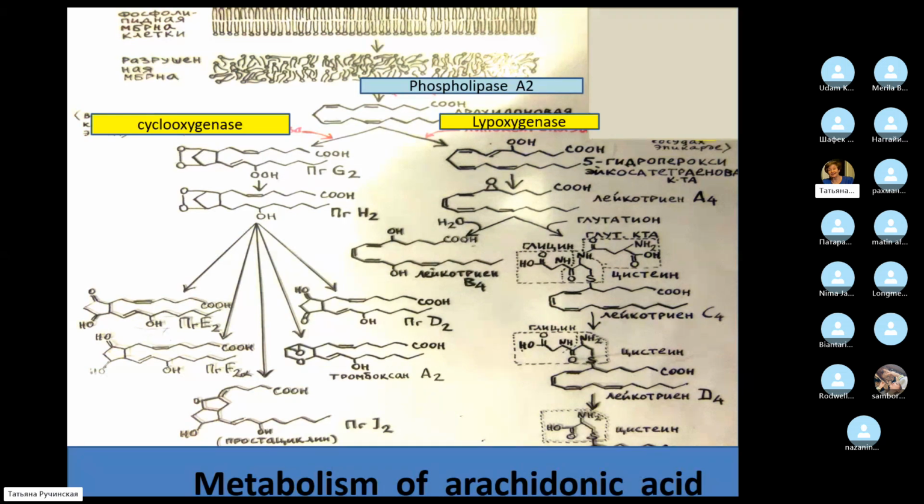This is the picture which shows you the formation of all metabolites of arachidonic acid. But you must understand that arachidonic acids are in the tails of phospholipids.